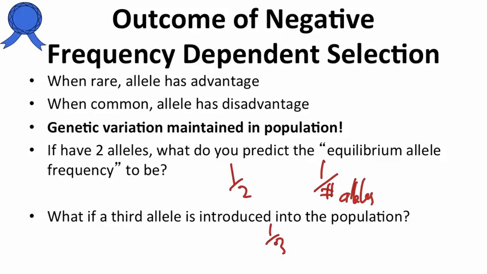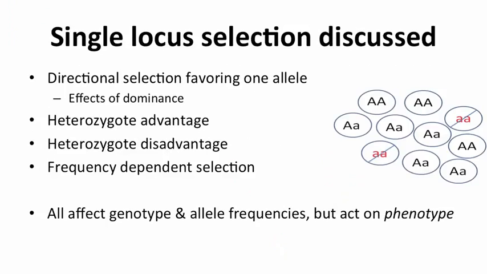Now, frequency-dependent selection is another way of maintaining variation in a population through selection. And we talked about a couple of different modes of single locus selection here. Some of them remove variation, some of them retain variation. Okay, so directional selection favoring one allele, this essentially eliminates variation, right?